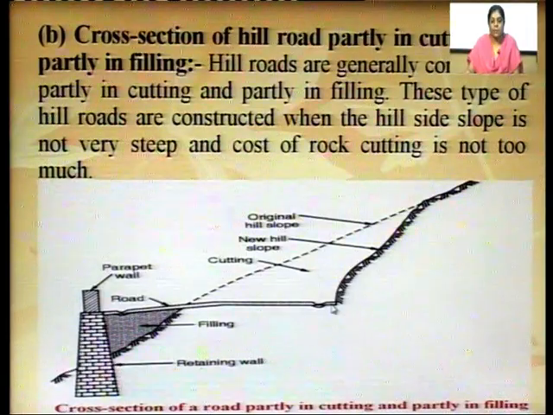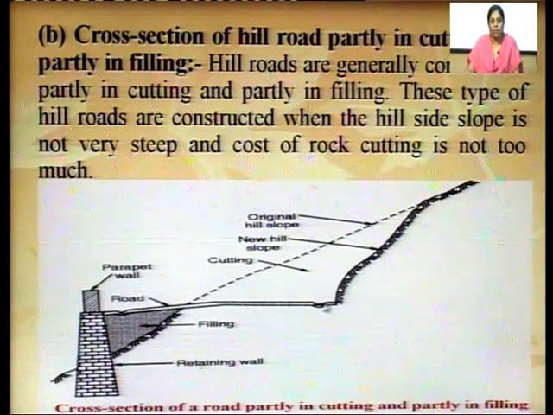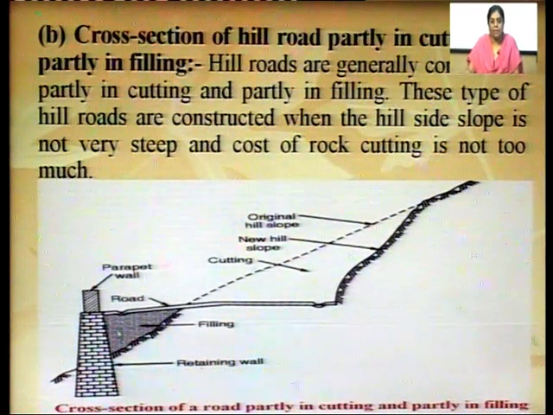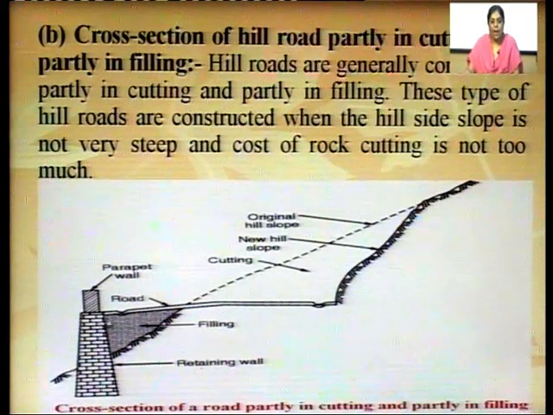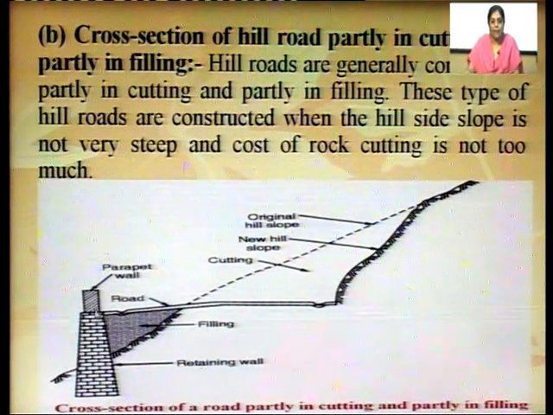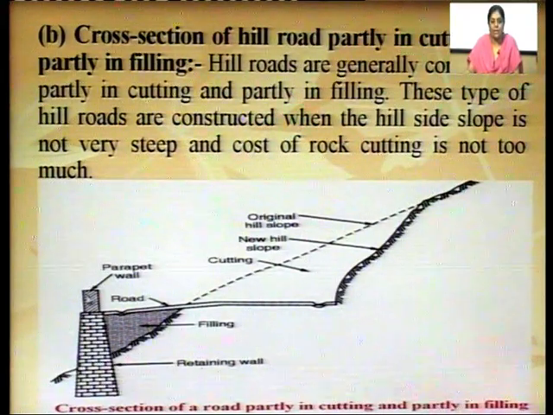So, this is a section of the road which is partly in cutting. From this part there is cutting and at this part there is filling, and this filling is retained with the help of this retaining wall, and there is a parapet wall also, you can see.